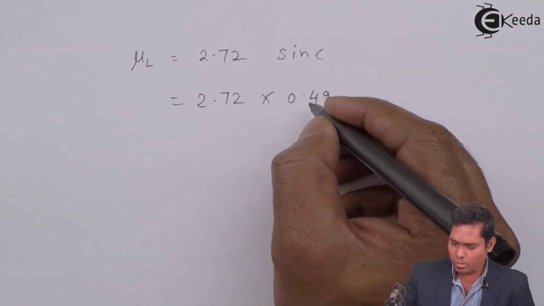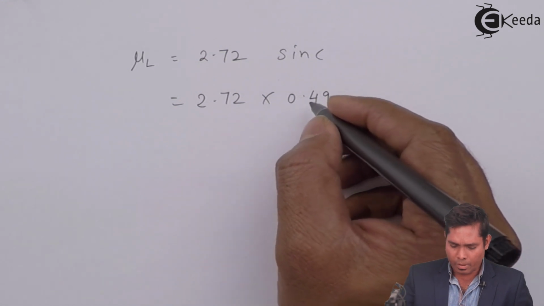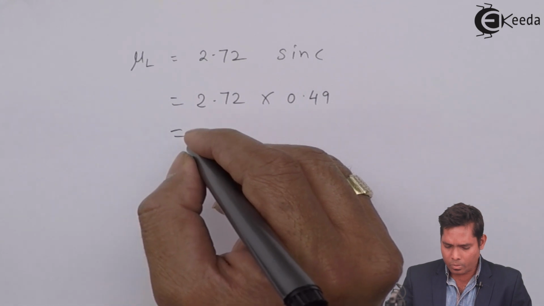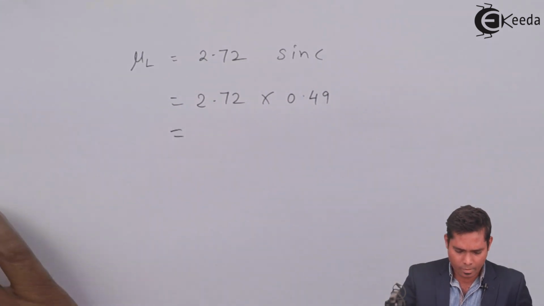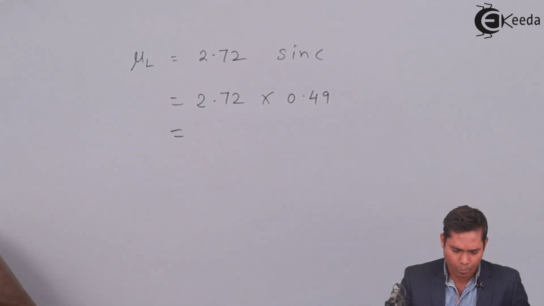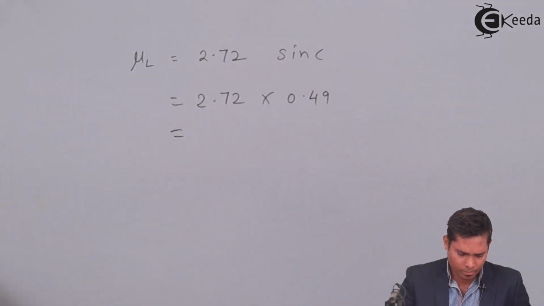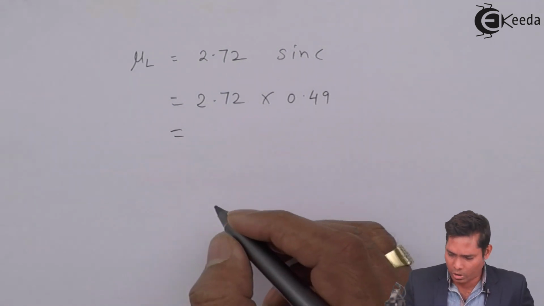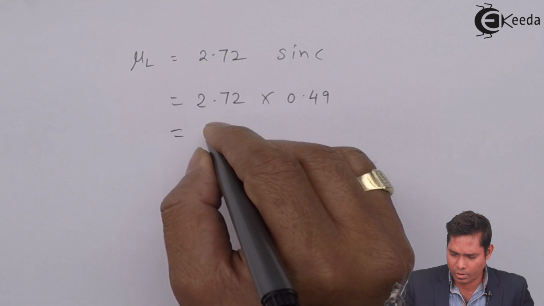So what will I get? I'll just multiply this and see. 2.72 multiplied by 0.49 comes out to be 1.33.